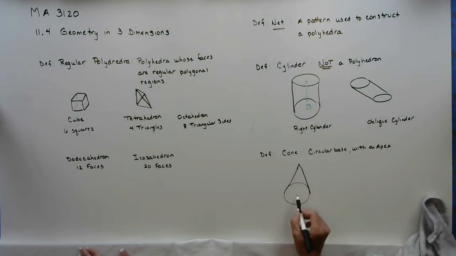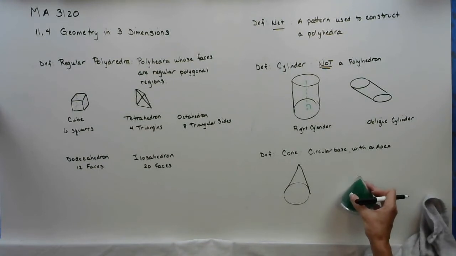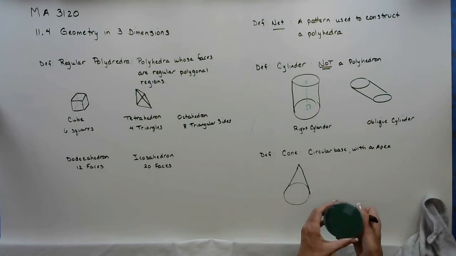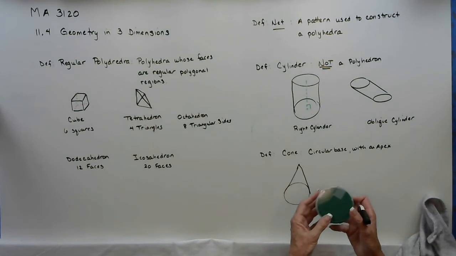There's my cone. So it still looks like a pyramid in the fact that it comes to a point, but it has a special name since the circle is not a polygon.